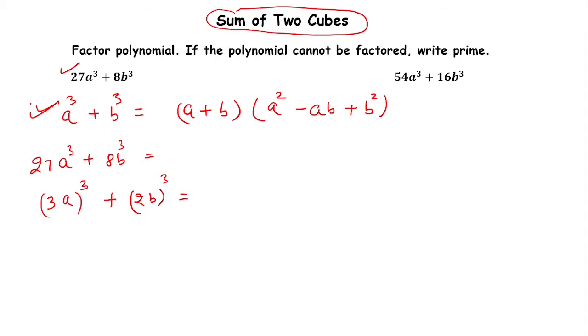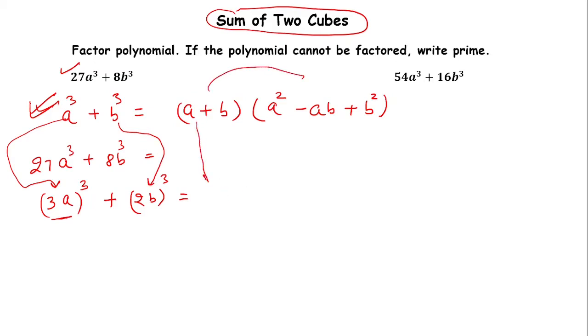Now using this identity, you can check. This is 3a whole cube plus 2b whole cube. So what you need to do? Replace a by 3a and this b by 2b in this formula, and you'll get the answer.